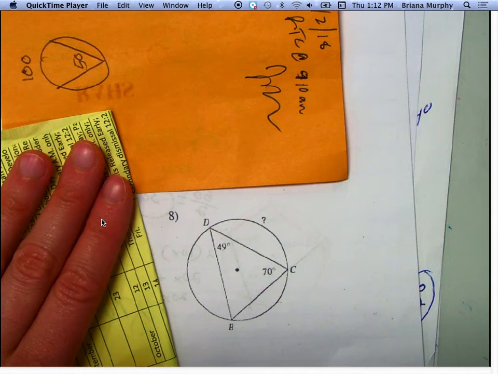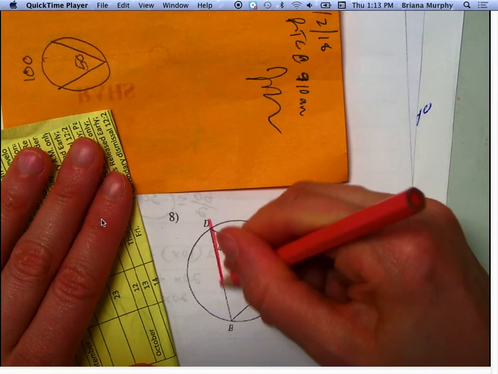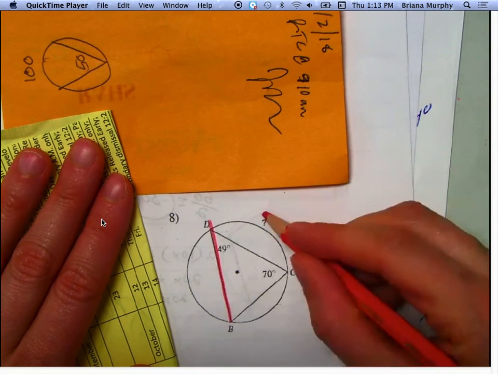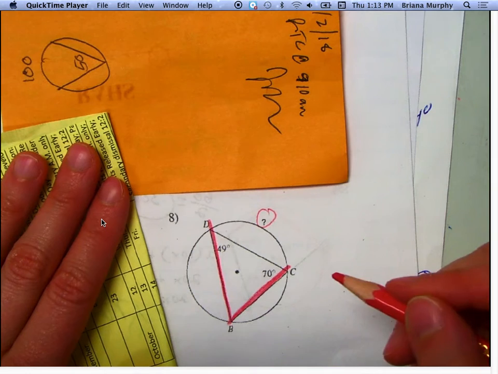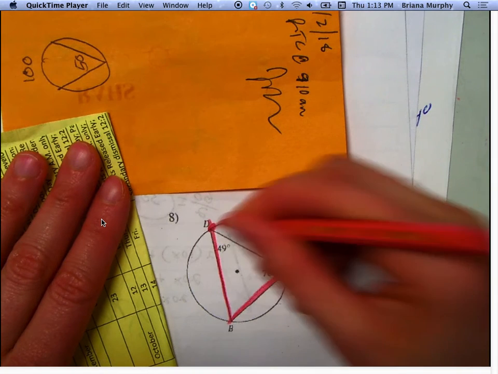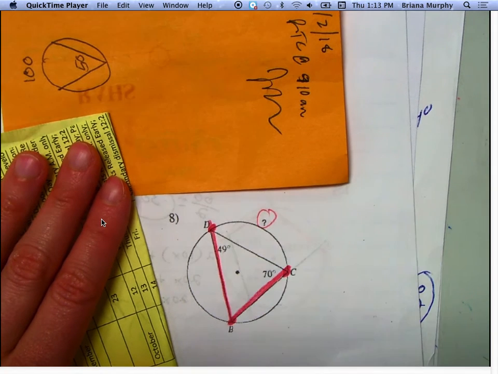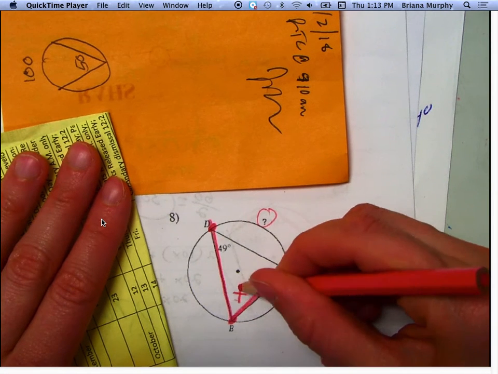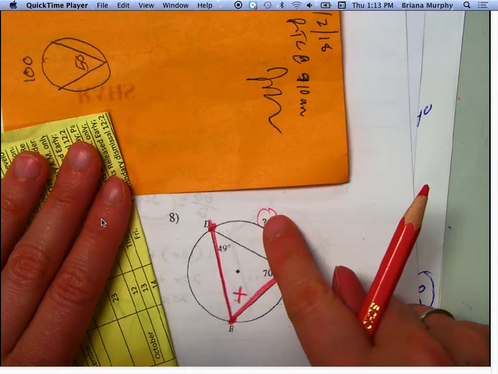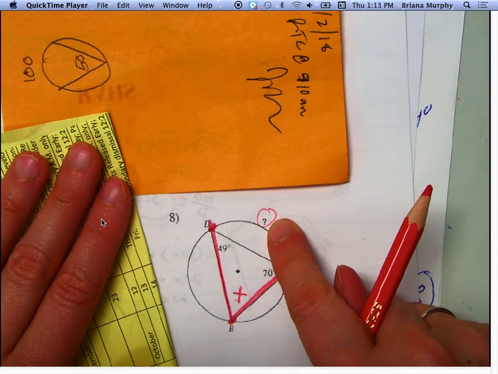Okay, so do you guys see that we're looking for this arc right here? And that's an inscribed angle for that arc. See how it hits the circumference of the circle? All right, so if I find out what this angle is right here, I'm going to label it X. Can I times it by 2 to find that question mark? Okay.